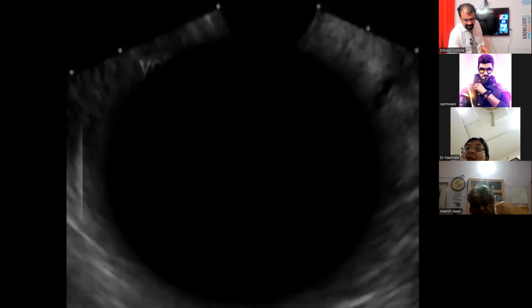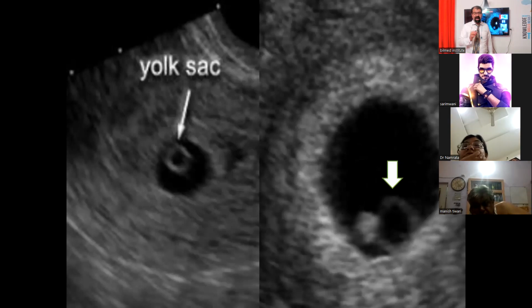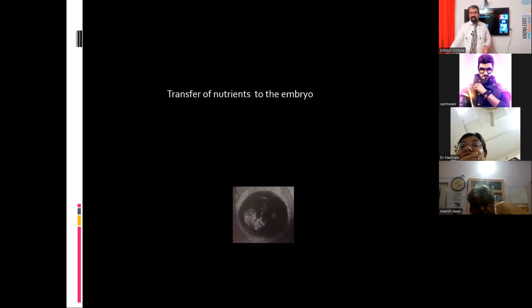So, yolk sac, you have to scan in each and every early pregnancy. The point is that what I have to see in the yolk sac is that it should be jet black only, and the shape has to be round only, not oval, not wrinkled.